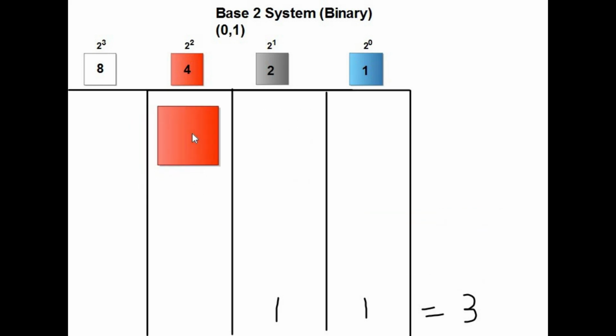Then we can place the red box in the red box column and update it to 4 because now it contains 4 disks. And because the gray box column is empty now, we'll update this to 0. And the blue box column is also empty, so we'll update this to a 0 as well. And since we have one full red box, we'll mark it as a 1. That's how we represent the number 4 in binary.